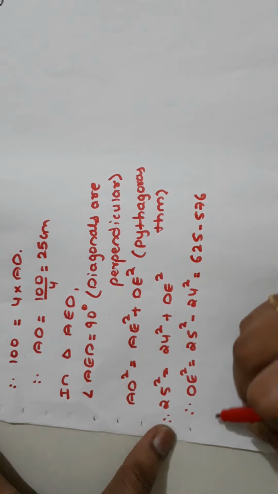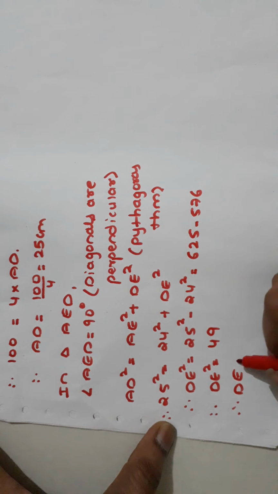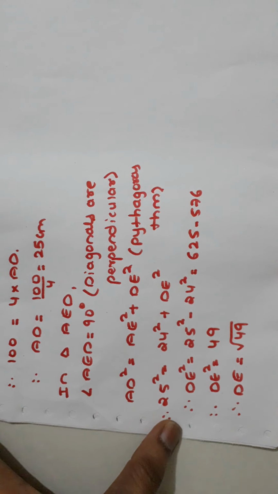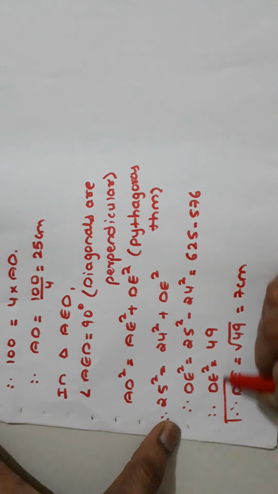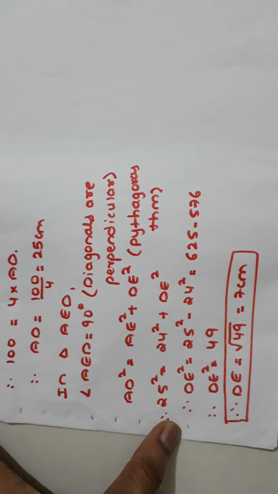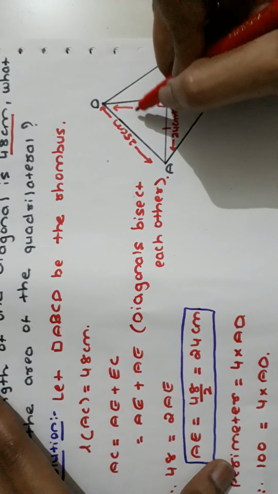Therefore, DE square is equal to 625 minus 576, which is 49. And therefore, DE is equal to root of 49, which is plus minus 7. But since DE is the length of a side, the length cannot be negative, and therefore DE is equal to 7 centimeter.